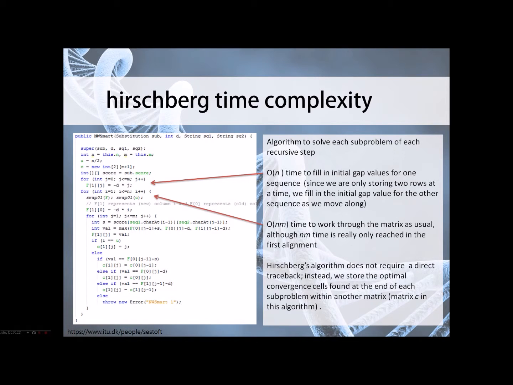So it takes O(n) time to fill in the initial gap values instead of O(n plus m), like the NW algorithm. And to fill out the initial 2 halves of the matrix, O(n times m) is still required since the whole matrix is still traversed. As mentioned before, the algorithm does not require a direct traceback. Instead, the optimal convergence cells are stored in another matrix.